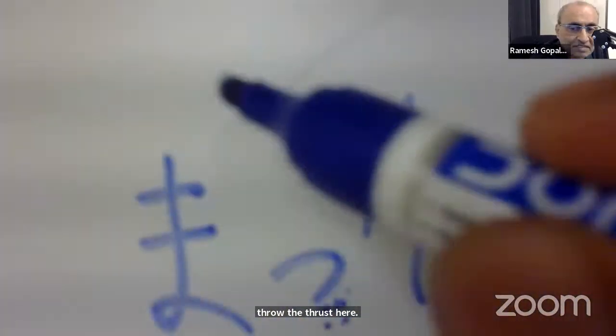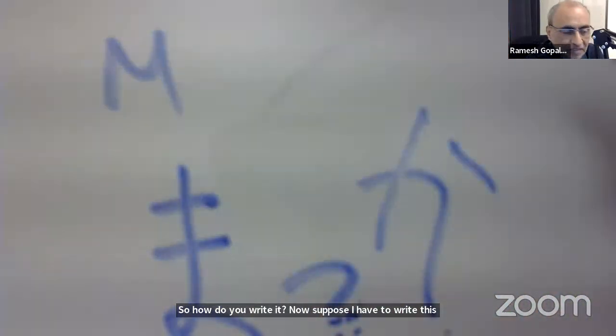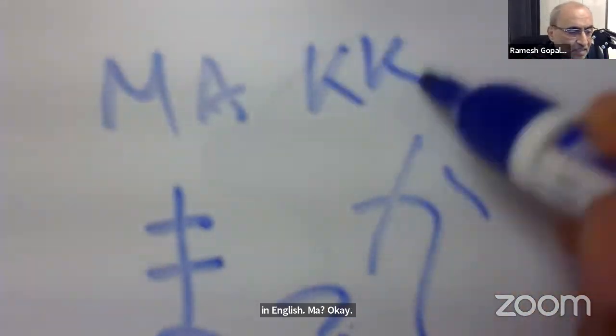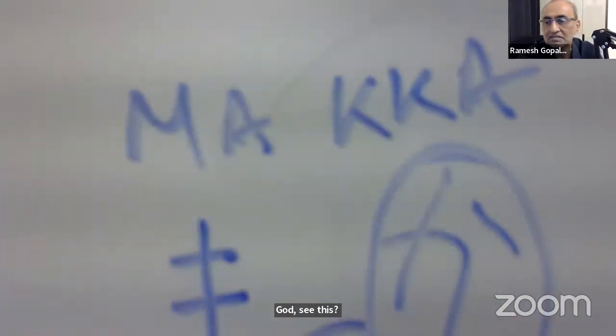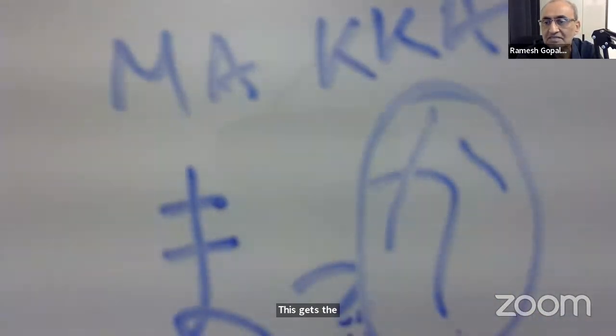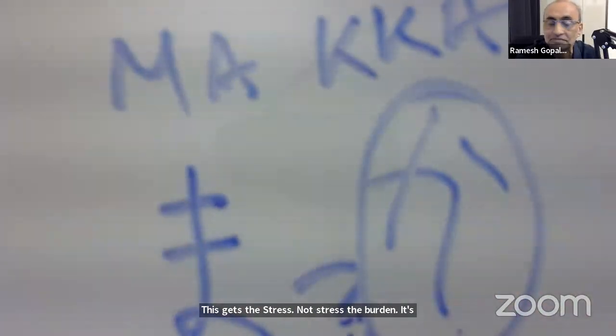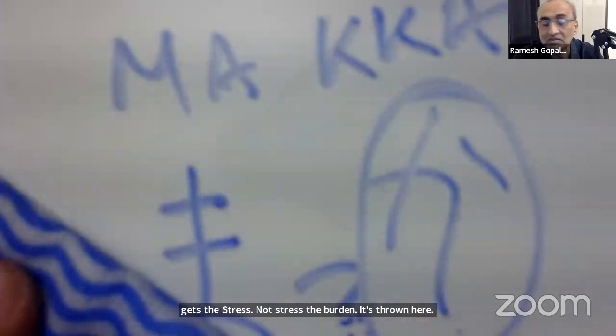Now suppose I have to write this in English. Ma, and then ka. This gets the burden thrown here. It's almost like our speed breakers: the people who make them on our roads are not engineers. Anybody, even I, can go and make a speed breaker.